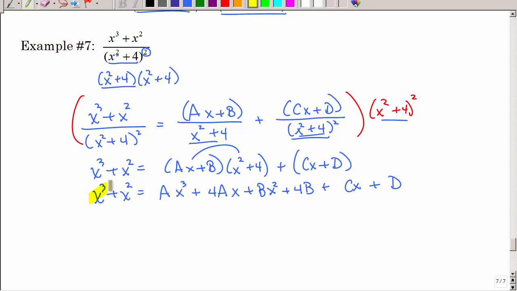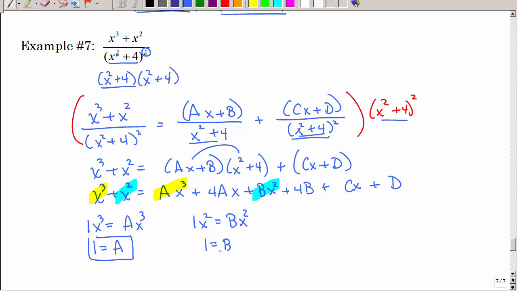Well, I think I'll start with my x cubes. That looks pretty easy. So what does that say? That 1x cubed equals ax cubed, so 1 is a. All right, what do we want to do next? What about our x squares? We have x squared here, here, and that's it. Wow, that's nice. So I have 1x squared equals bx squared. So 1 is equal to b.